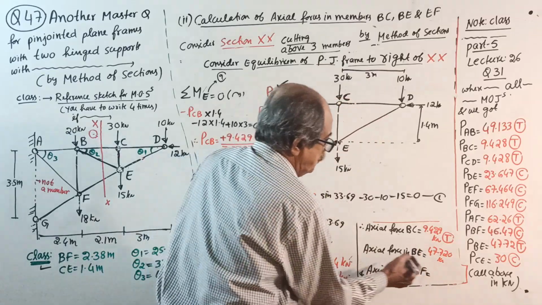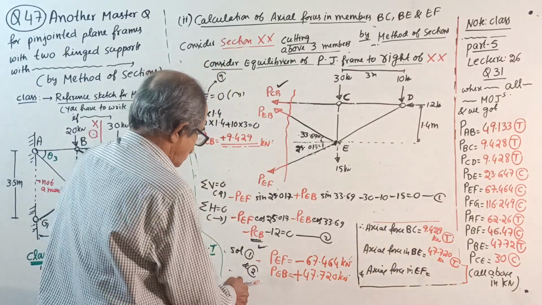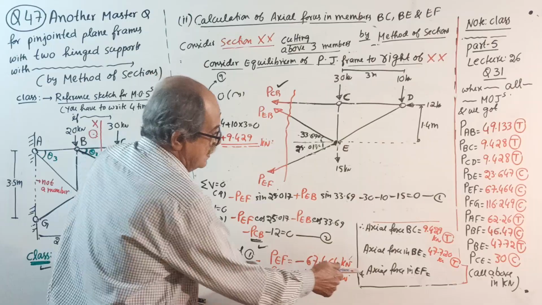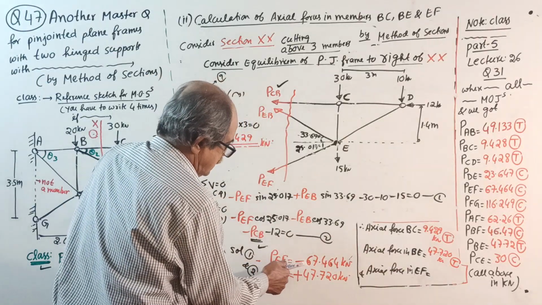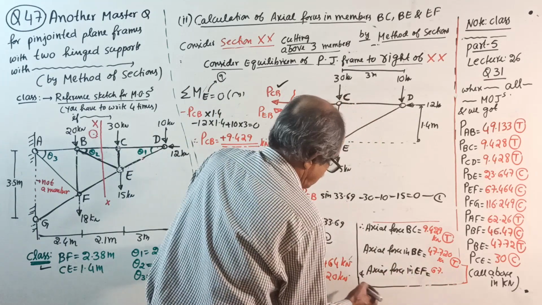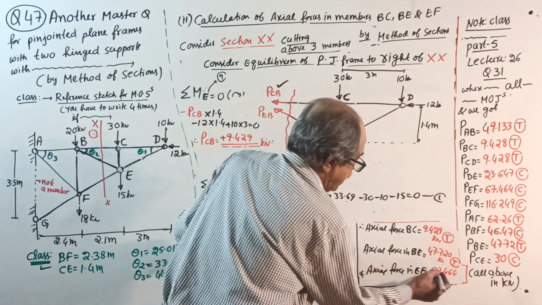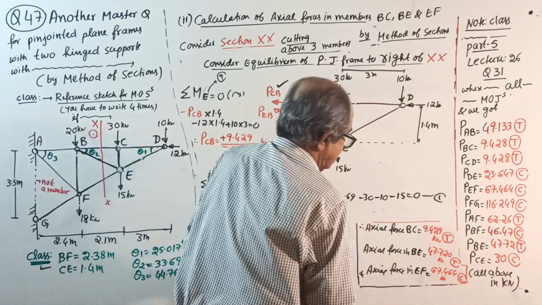Sign came positive, so tension. Then last one, force in which one? EF. Minus came, so 67.464 kilonewton. Negative came, compression.